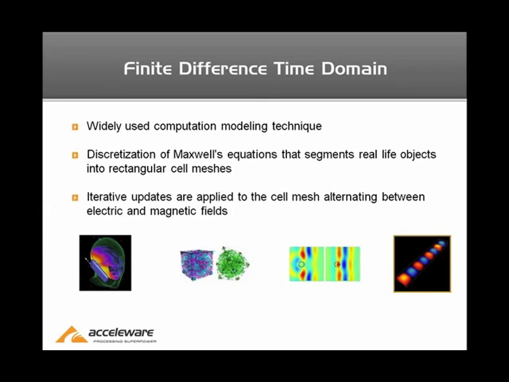Specifically looking at FDTD, or finite difference time domain, it's a widely used computational modeling technique. What happens is they'll take a physical model of an object, say a human or a cell phone, or anything that they're trying to model the electromagnetic effects on, and they discretize it into small little cubes or boxes, voxels if you will, that they apply Maxwell's equations to get an accurate representation of how electromagnetic fields interact with that object.